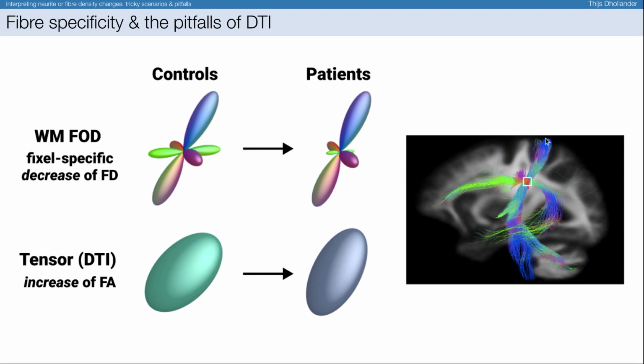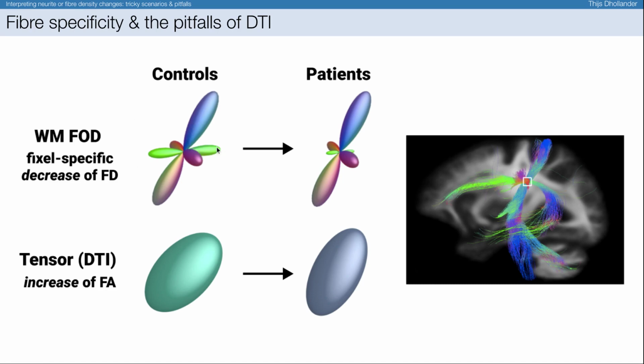So for instance, here you might have the corticospinal tract, you might have the SLF, and there's also the corpus callosum going left-right, and in this voxel you get what we call a full white matter fiber orientation distribution, looking a little bit like this.